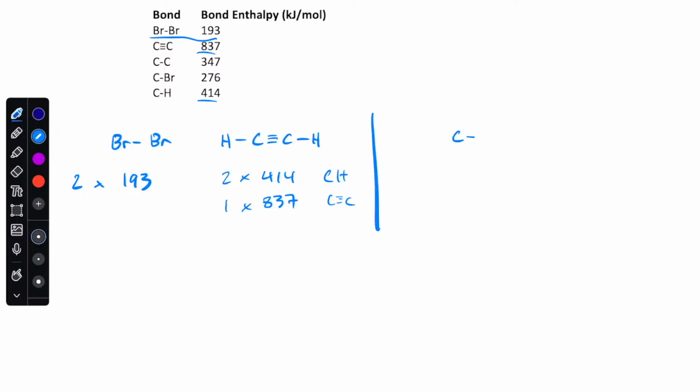C2H2Br4 looks like this. That would be the Lewis structure for the product C2H2Br4. And so what does that have? Well, it has CBr, and it has 4 of them.